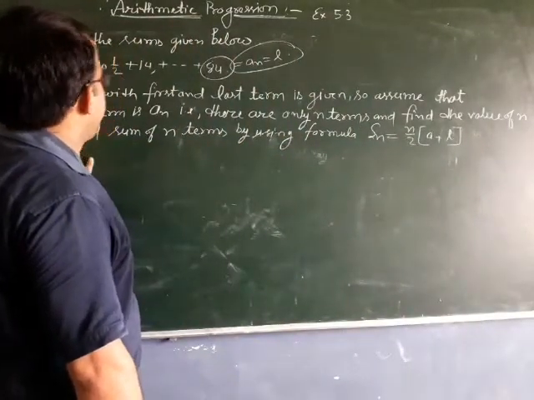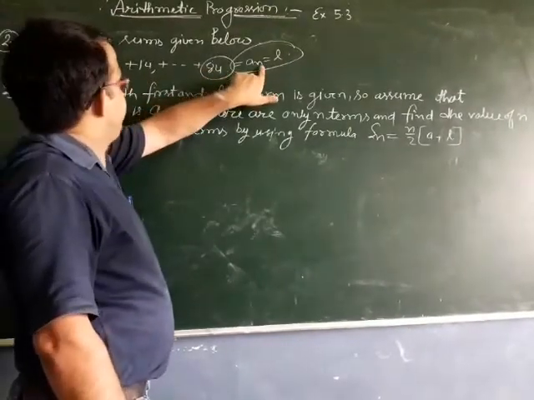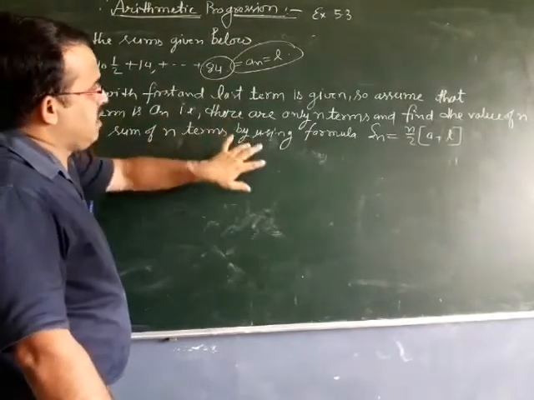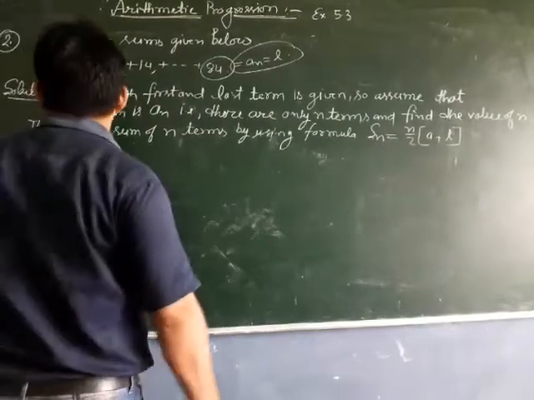Everything is given: a is given, the last term l is given, but n is not given. So first we find n and d. Clear? So look at the solution.